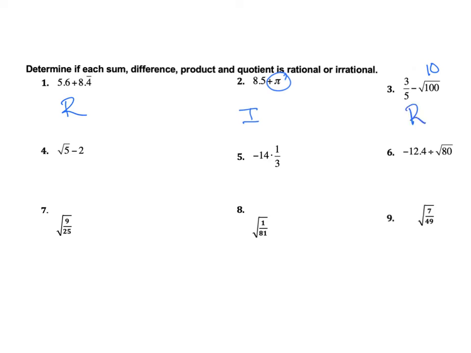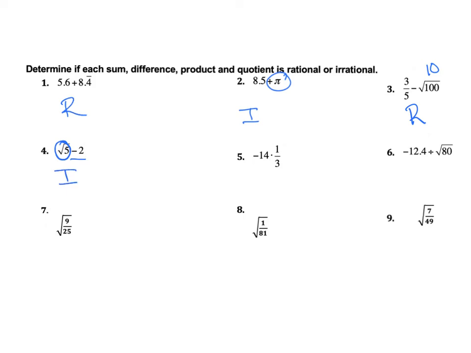All right, number 4 has the square root of 5 minus 2. Let's think about the square root of 5. Is there something times something that's the same number that could be equal to 5? No, there's not. And so this is irrational, even though this part right here is rational. Because the square root of 5 is irrational, the whole thing is going to be irrational.